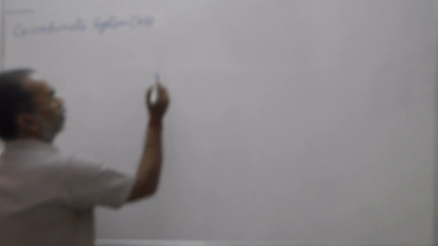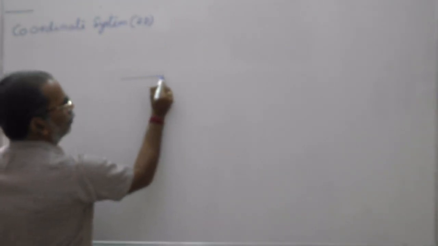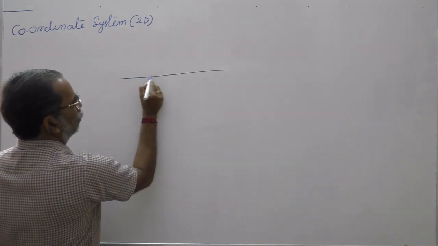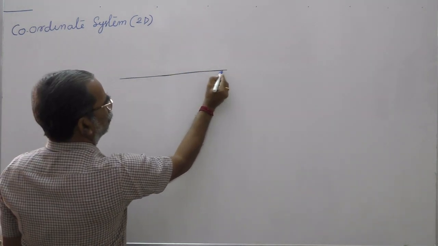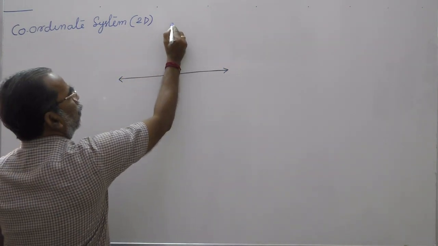What is two-dimensional geometry? There will be two axes, one horizontal line and a vertical line.